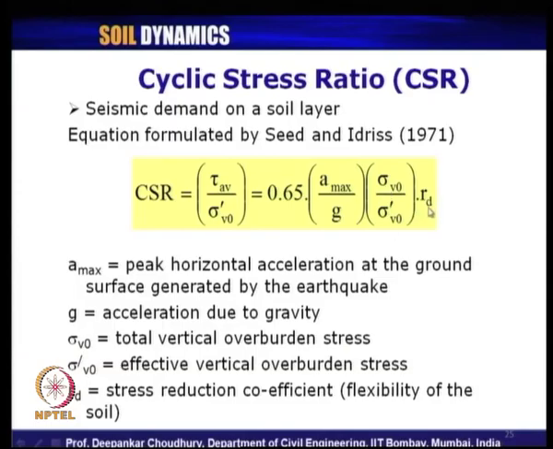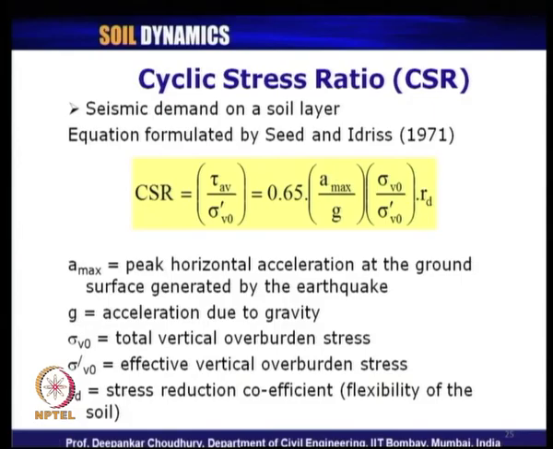And what is R d? R d is called the stress reduction coefficient. This stress reduction coefficient was proposed by Seed and Idriss. This is to take care of the flexibility of the soil, because the development of this equation was based on rigid beam theory.